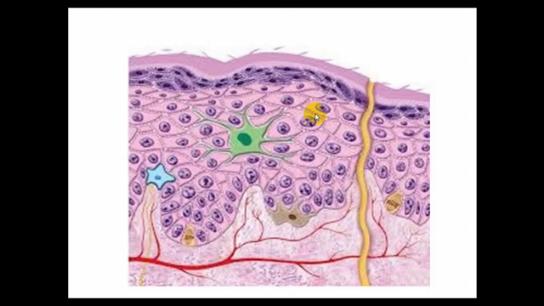They're part of the mononuclear phagocyte system. So they're continuously replaced by precursor cells that leave into the bloodstream and migrate until they reach the epidermis and differentiate into Langerhans cells.